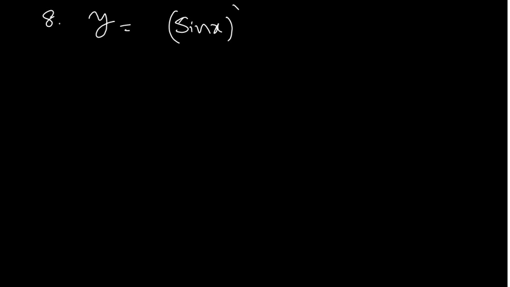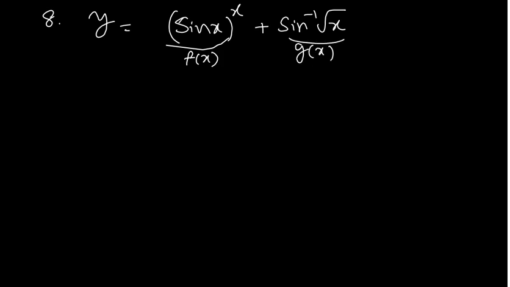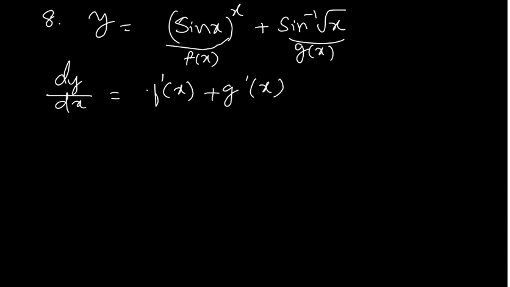So steps are same. You have to write dy by dx equal to f dash x plus g dash x. F dash means differentiation of this, g dash means differentiation of this. So this is disturbing, so I just want this to be outside.